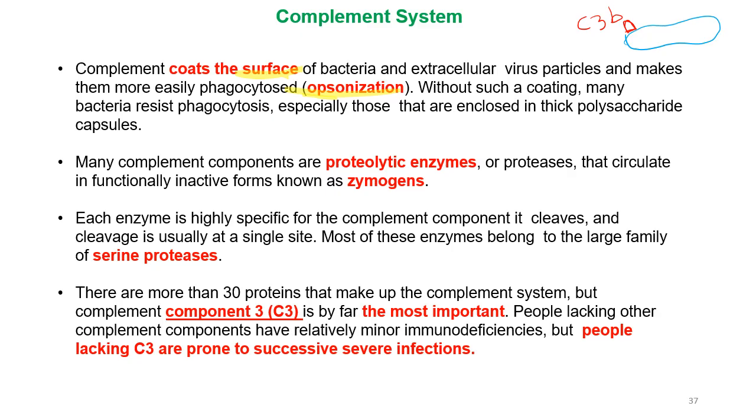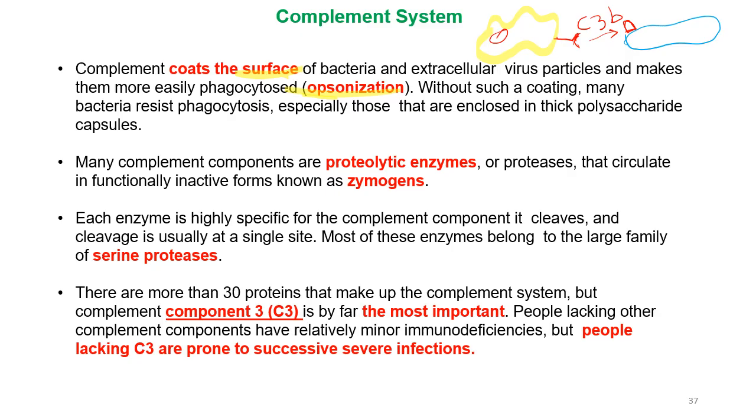Now, if you get a phagocyte here, like a macrophage, that gets in there and sees the C3b, it has a receptor for that, and it is going to bind to that and eat the bacterium. So opsonization means the bacterium is tasty now. The phagocytic cell is going to go and eat it.